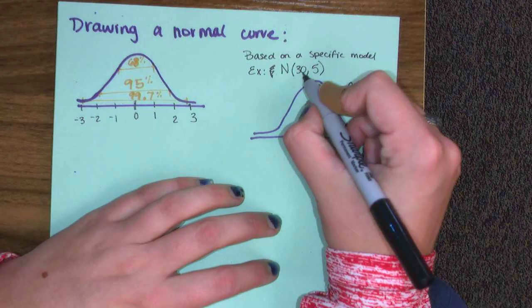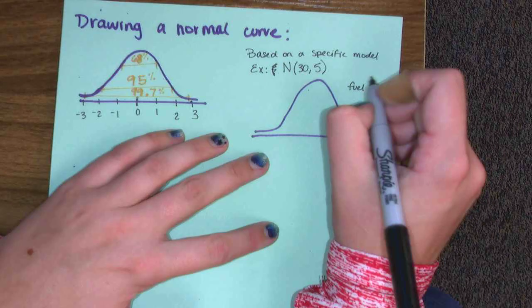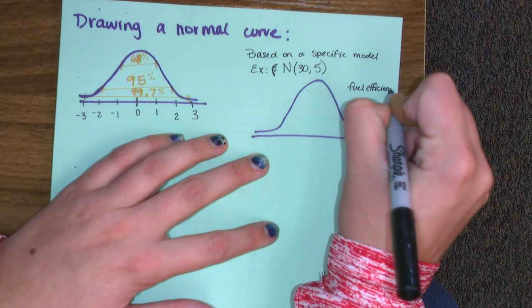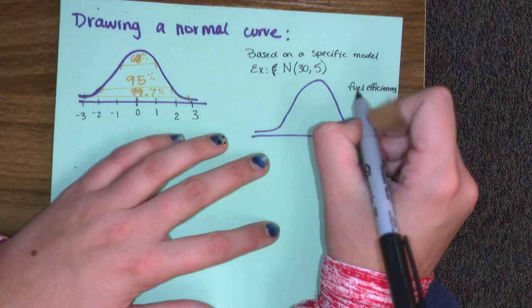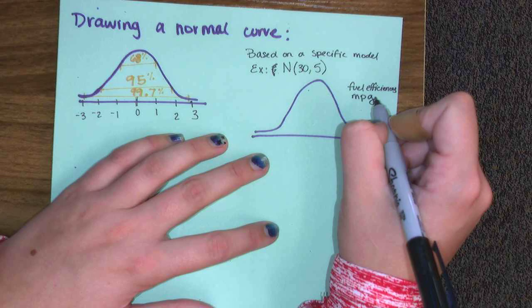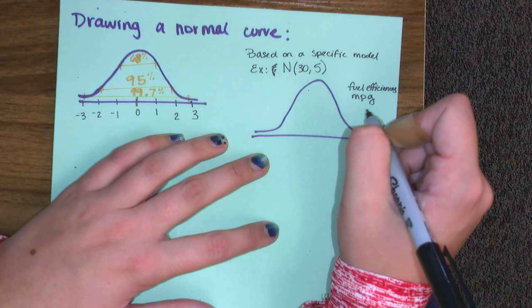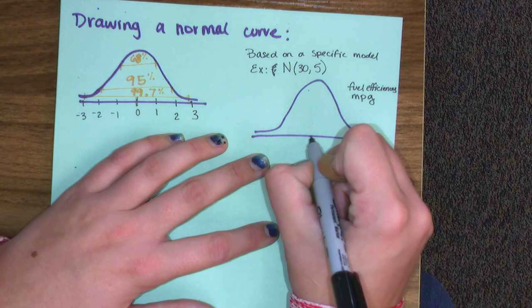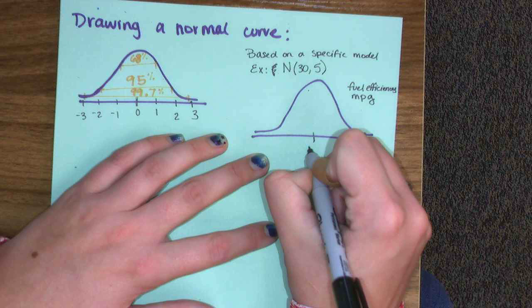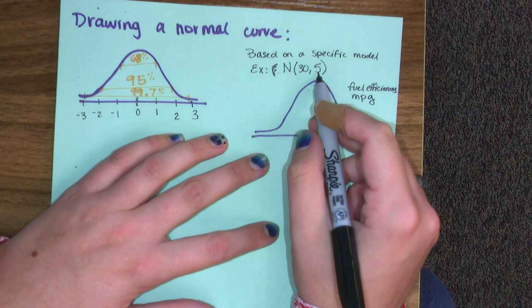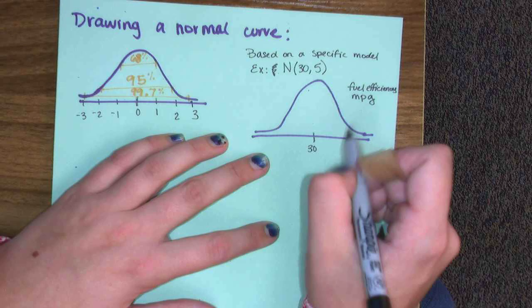What does the 30 and the 5 represent? So what is 30? Yep, mean and standard deviation. So this time, rather than 0 being dead center, we have 30 being dead center. We're going away in increments of 5.